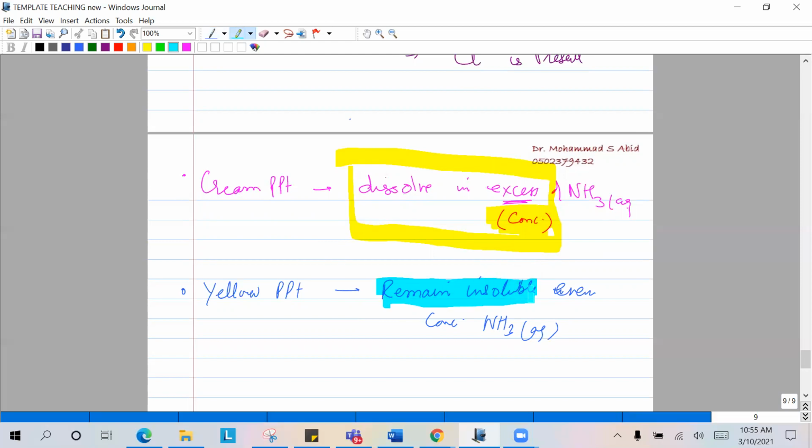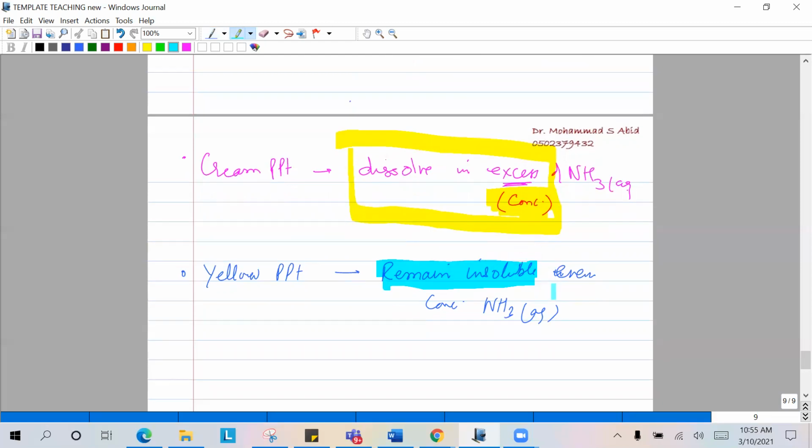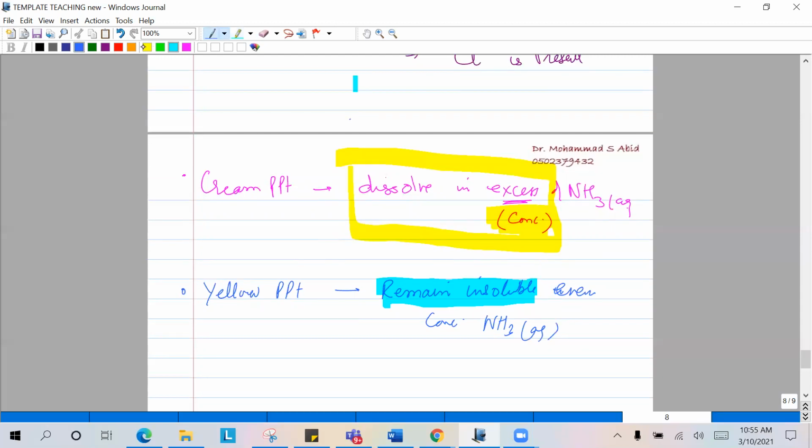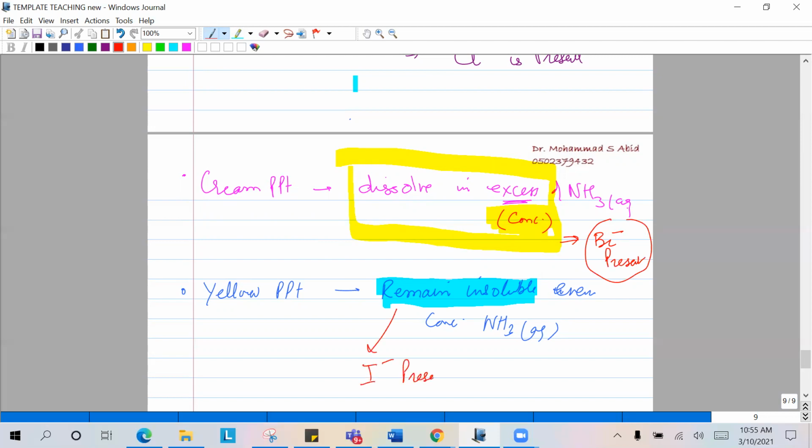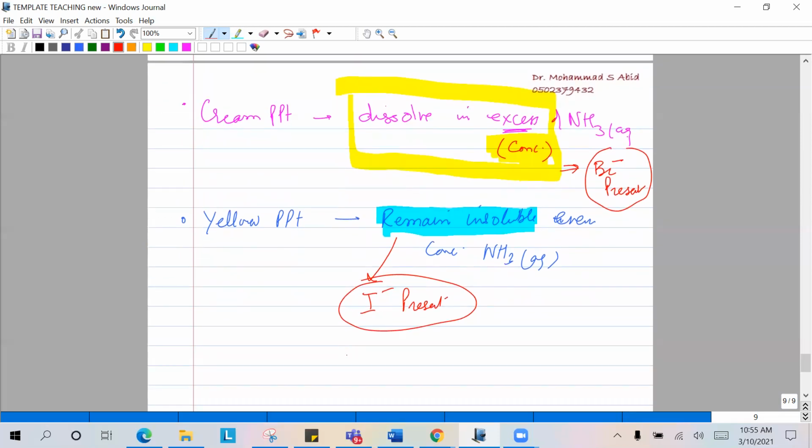It is a clear indication that it is a yellow. So if it dissolves in concentrated, you are sure that Br⁻ is present. If it remains insoluble, you are sure I⁻ is present. As simple as that.